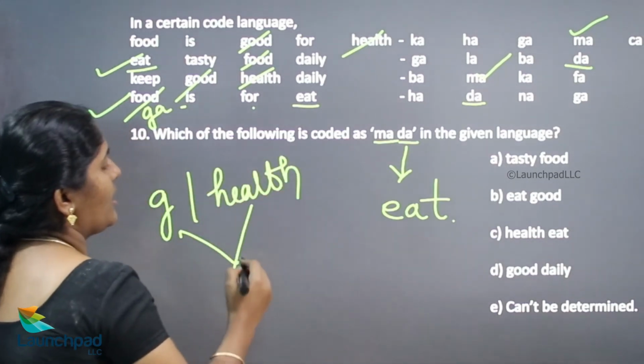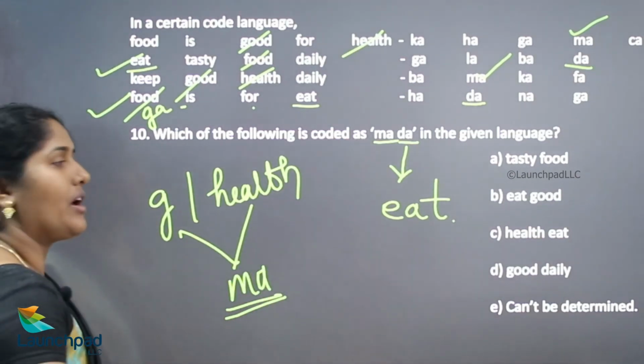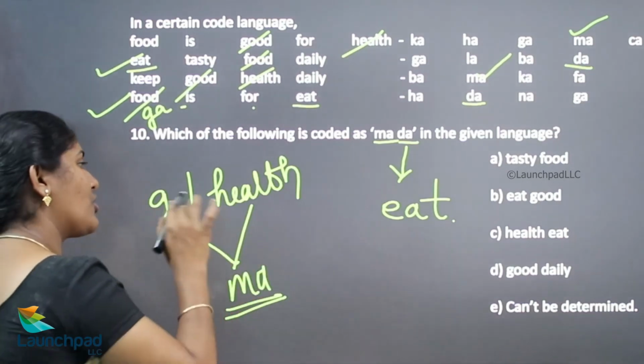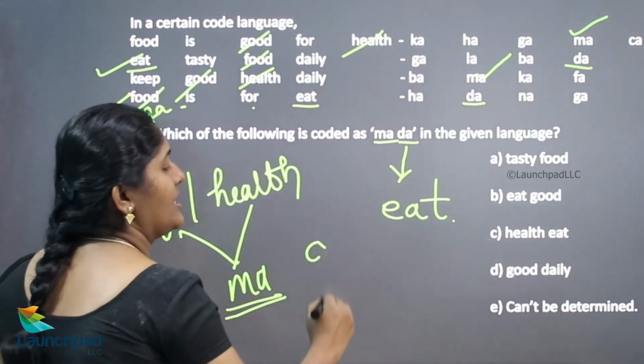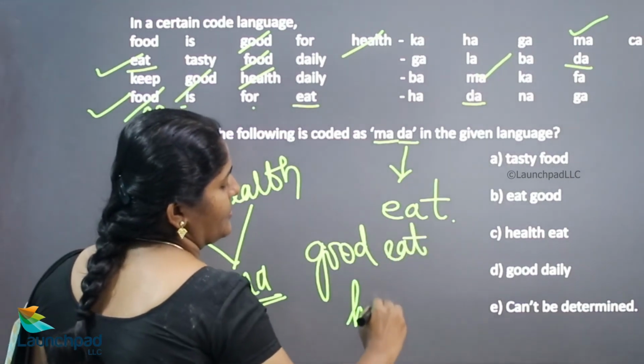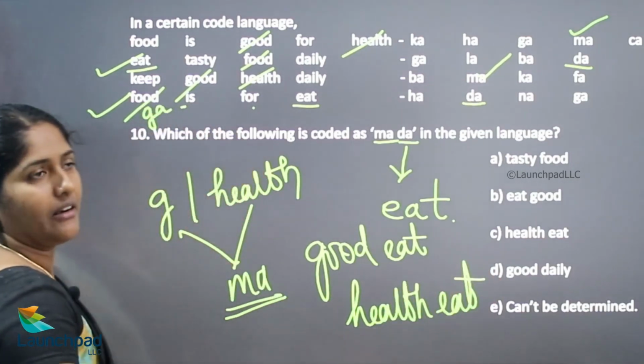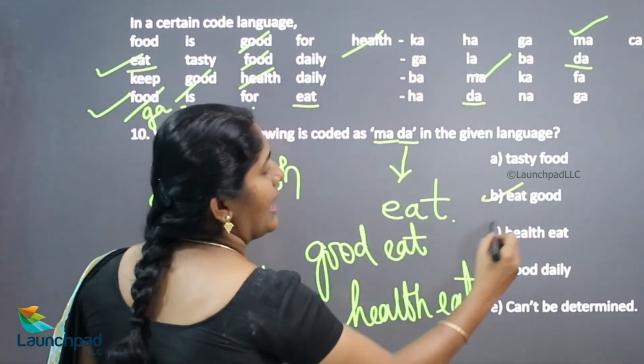Two words are available for the code of MA. We are not able to confirm whether it is good or health. We can say eat good, otherwise health eat. We have two options available here.